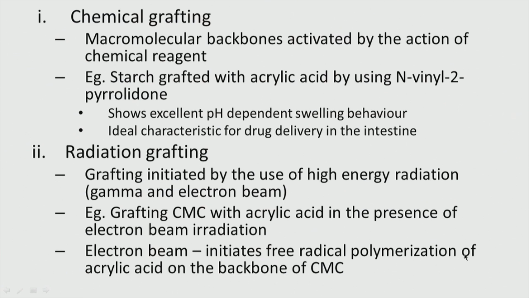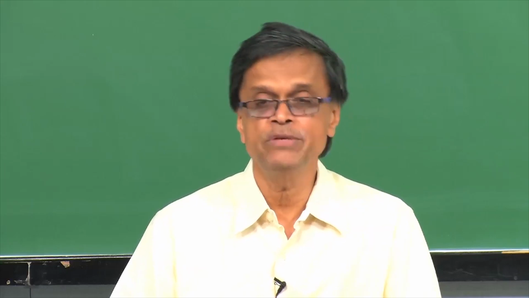It initiates free radical polymerization of this acrylic acid and CMC. So, that is called radiation grafting. So, we have chemical grafting, that means chemicals modify the backbone and then add other functional groups, or radiation creates functional groups or radicals. So, we can add another monomer and then polymerize it further.